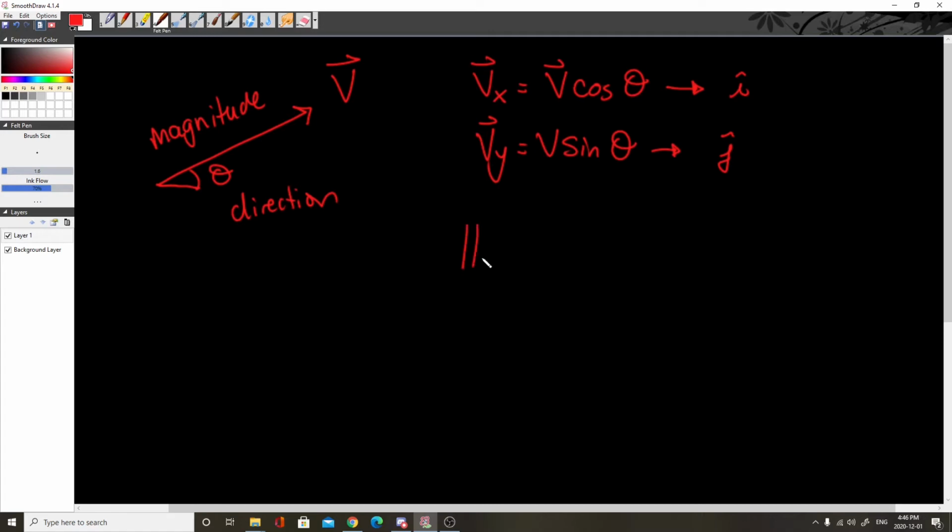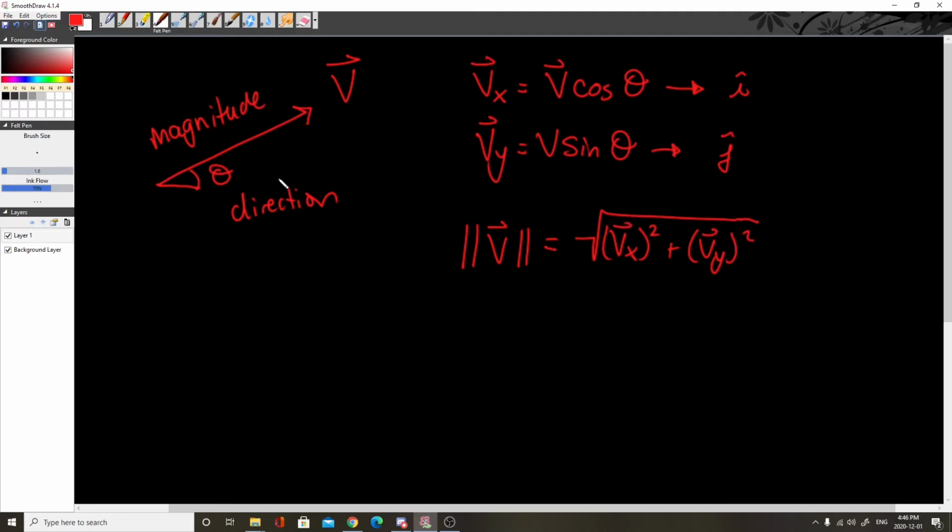To find your magnitude, you would use a modified version of the Pythagorean theorem, where it's the square root of Vx squared plus Vy squared. Or if you use unit vectors, it would be i squared plus j squared under the square root.